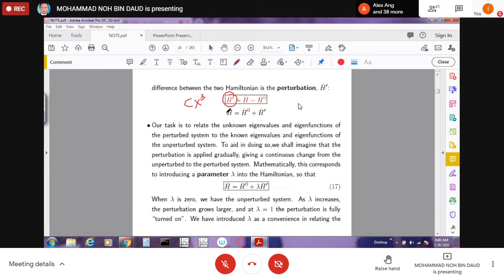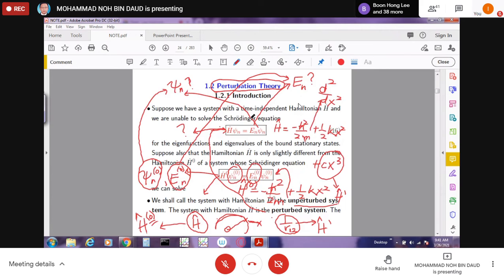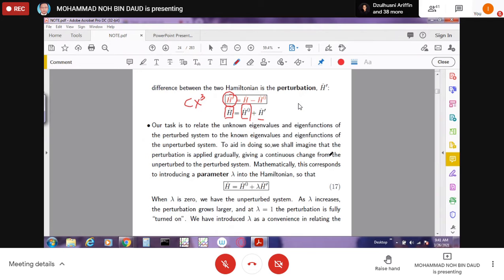Now, the perturbed Hamiltonian operator is the zero order plus the perturbation. This is the zero order, what you learn in Physical 1 and 2, and this is the perturbation.